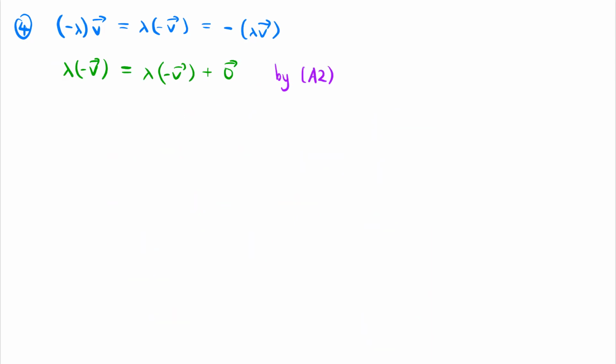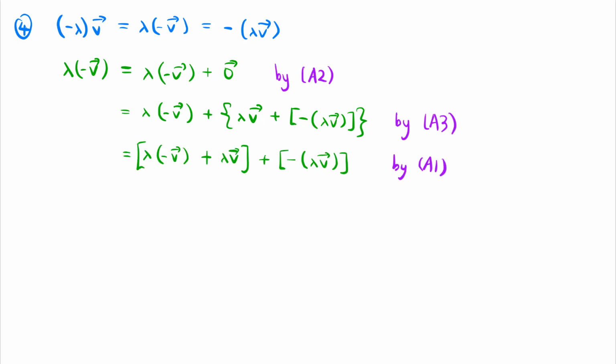On the other hand, lambda times negative v equals lambda times negative v plus the zero vector using A2. This equals lambda times negative v plus (lambda times v plus negative of lambda times v) by A3. Swapping the order of addition, we get (lambda times negative v plus lambda times v) plus negative of lambda times v.